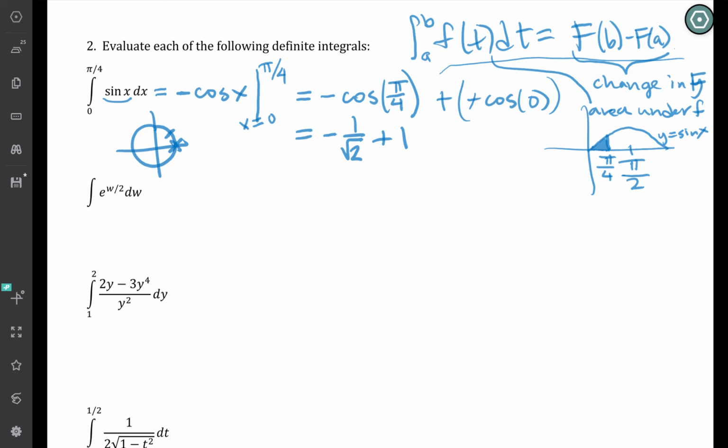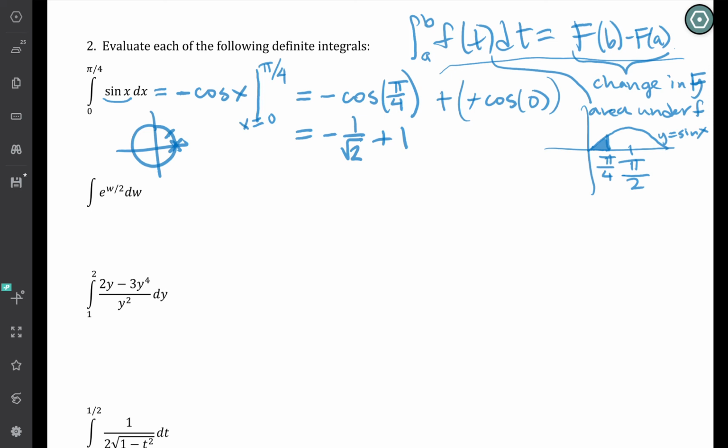Okay, second one. I put this in here deliberately so that I wouldn't forget to make another connection. So really what the first fundamental theorem is all about is making this connection between derivatives and antiderivatives and antiderivatives and integrals. So we want to tie all that back together.